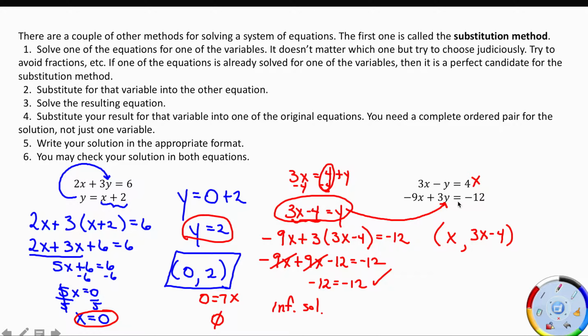So all real numbers isn't my solution. Here are what my solutions look like. If x is 1, then I know that y is negative 1. If x is 2, I know that y is 2. If x is 3, I know that y is 5, etc., etc. I can find as many solutions as I need.